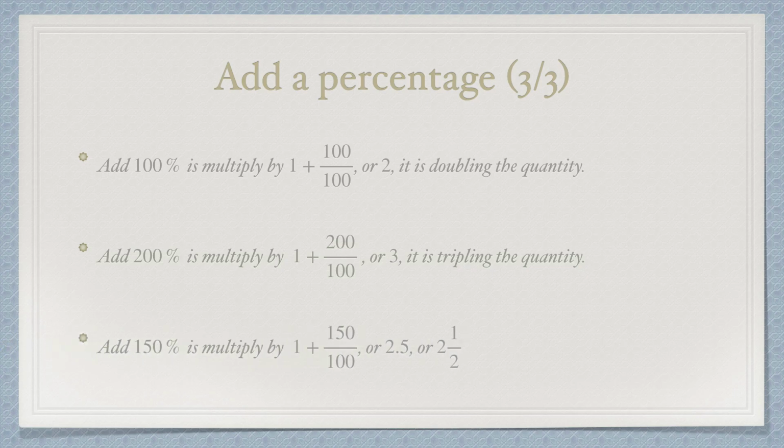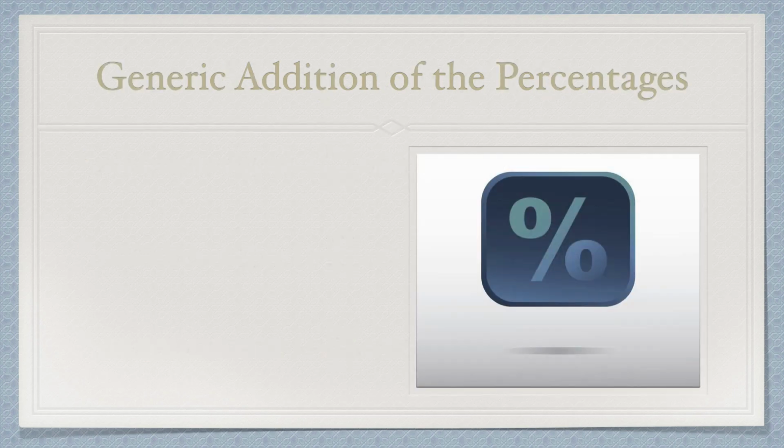It is tripling the quantity. Add 150% is multiplied by 1 plus 150 over 100, or 2.5. You double and then you add the half.